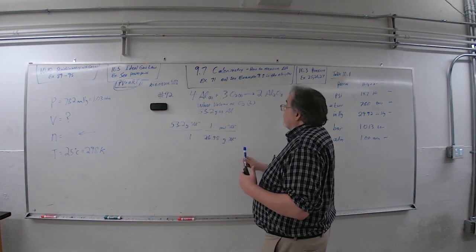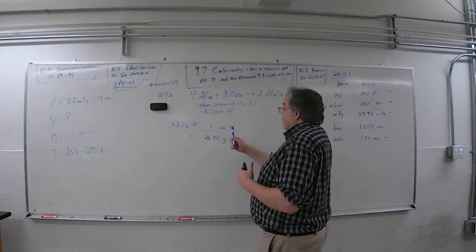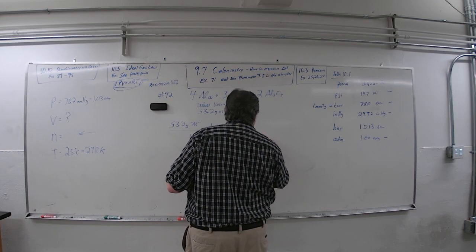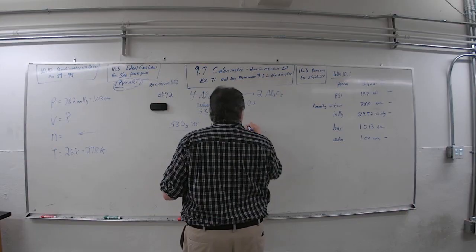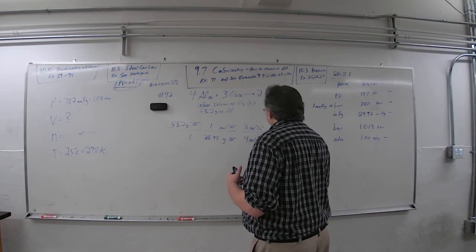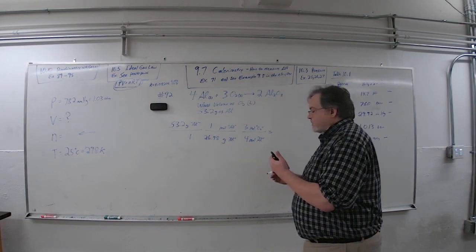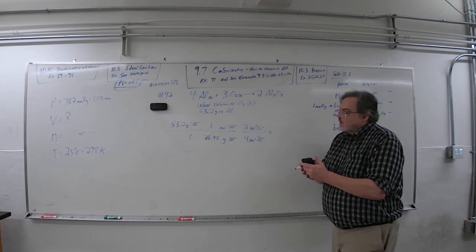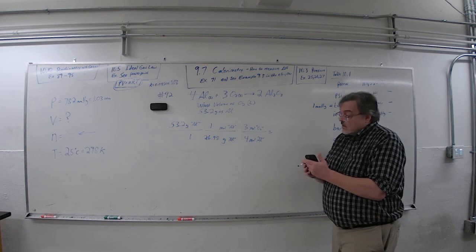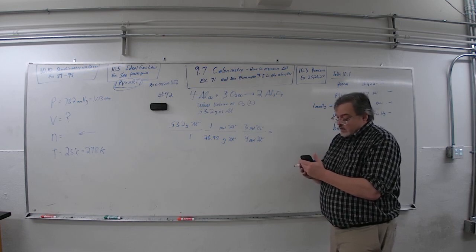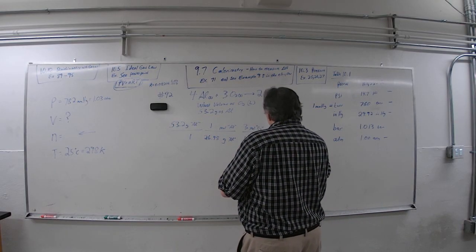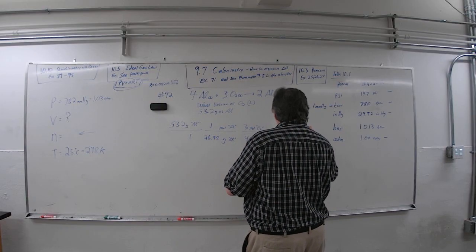Now we use our mole ratio, Al to O2. Moles of Al go at the bottom. So 4 moles of Al to 3 moles of O2. That's what we want, moles of O2. 53.2 times 3 divided by 26.98 divided by 4, and I get 1.48 moles of O2.